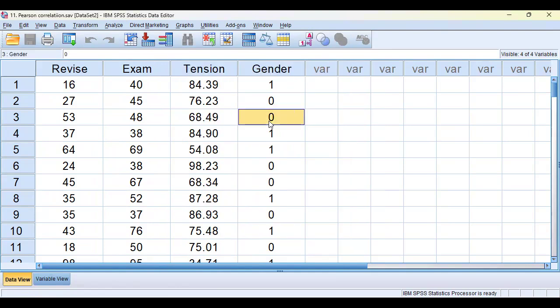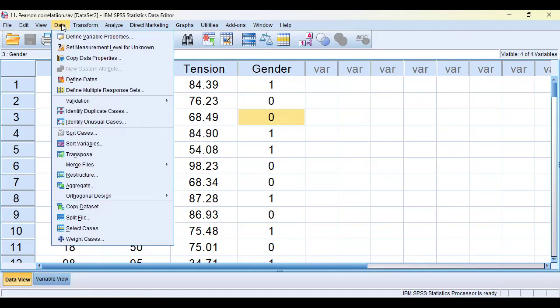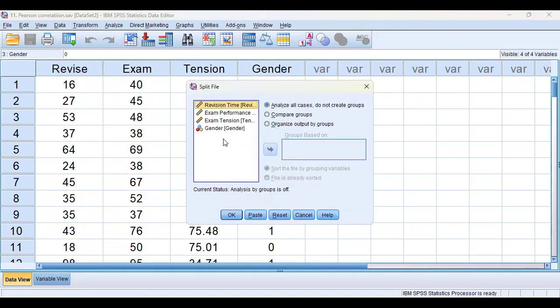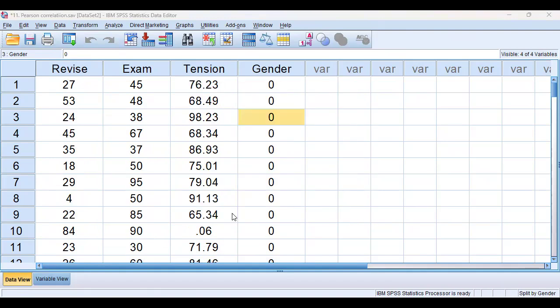For gender we can divide our data, split file on the basis of gender. Now the relationship may be slightly different for both the cases. So I am performing again.